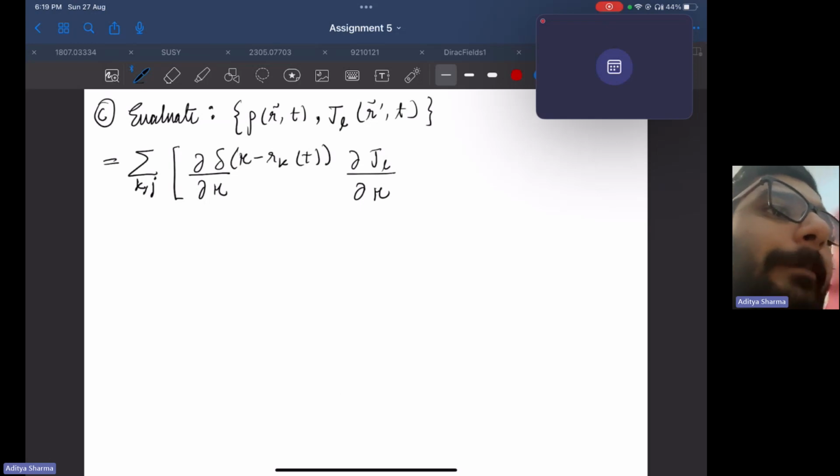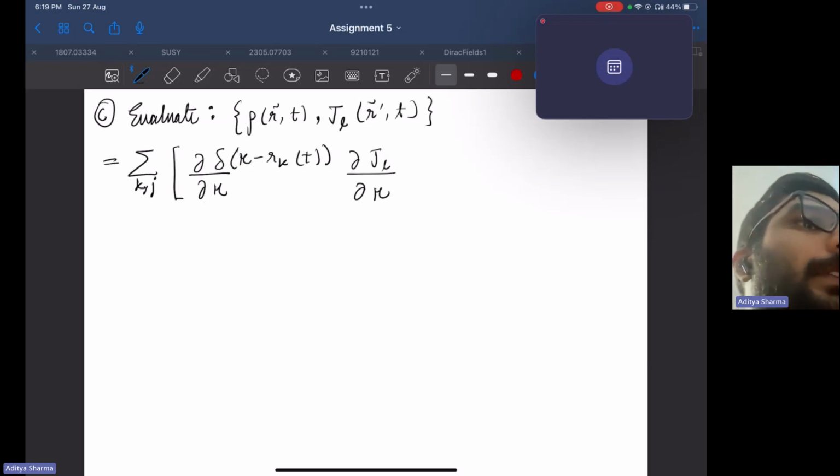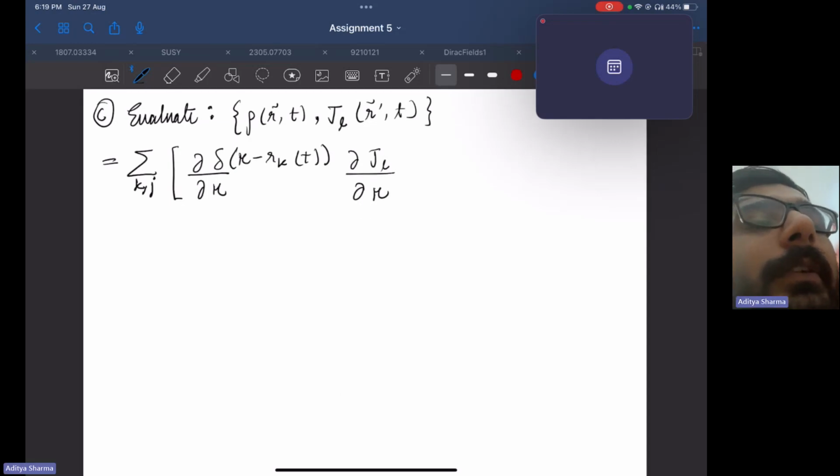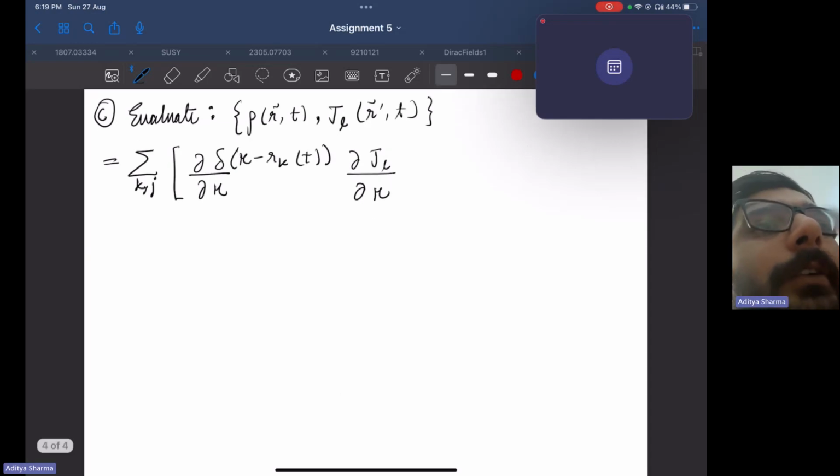Since there is v here, that can be written as p, and we are going to consider p to be m v, so m r dot. That is why we have an overall factor of 1 by m.